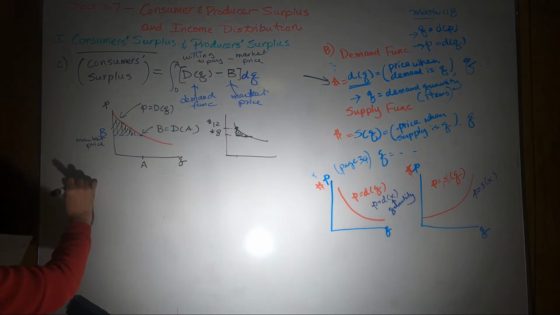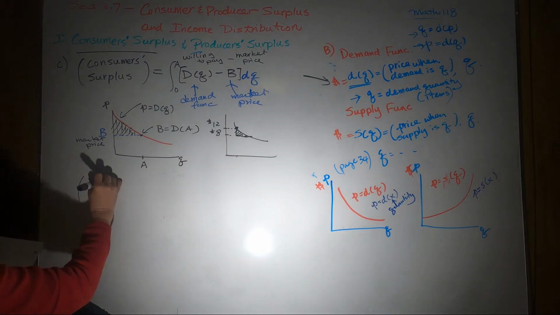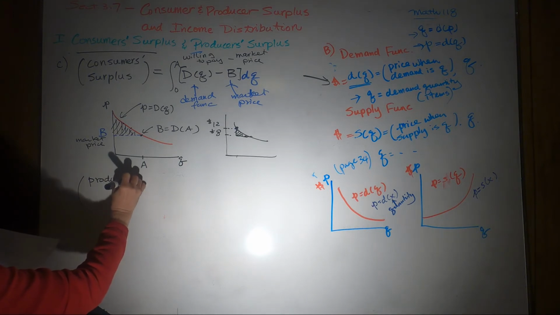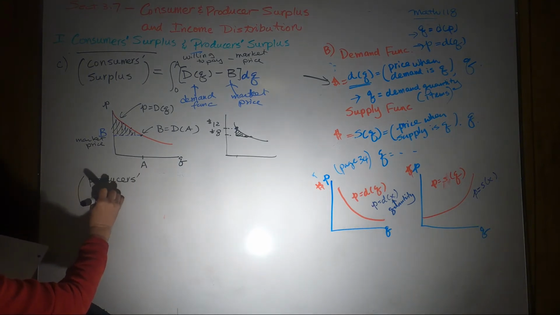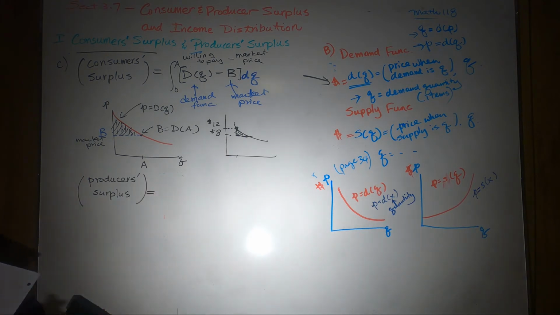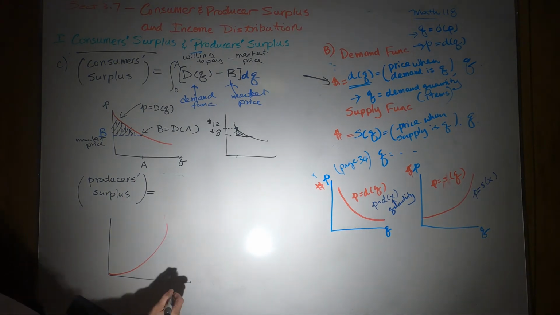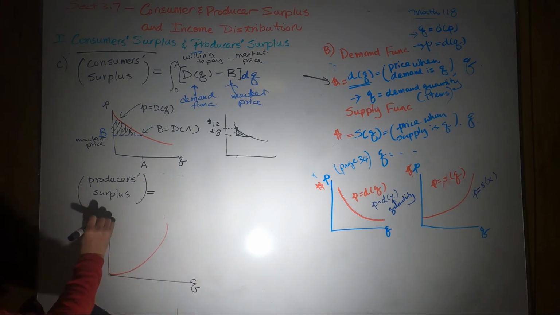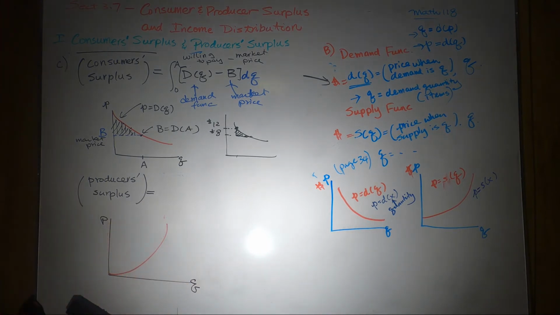Okay? For the producer point of view, the producer's surplus will look like this. Okay? So it will be what? Right? Those types of curve for the surplus. For the producer's surplus, so that's our quantity, that's our price.